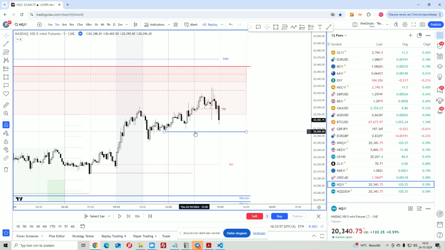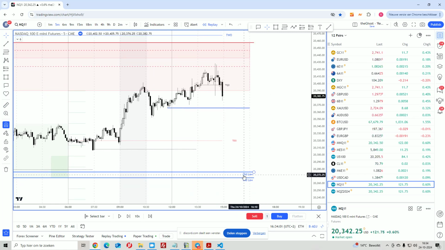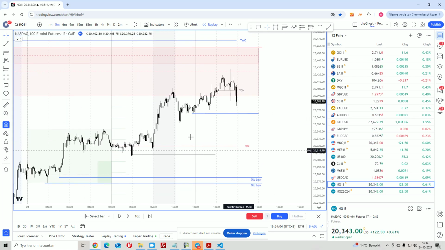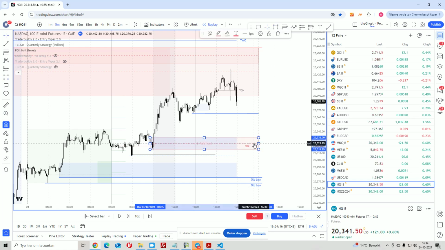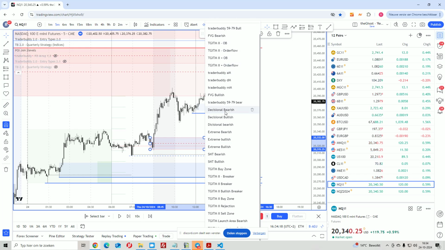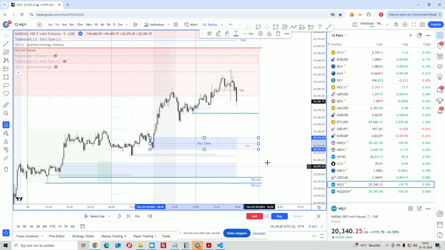Well, this is our first higher time frame PD array, and this is our second, I believe. I have to check. Where is it? POI? No, this is our second POI zone, which is a bullish one, a buy zone.